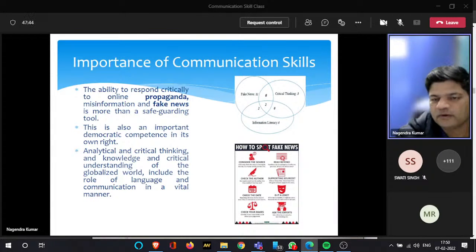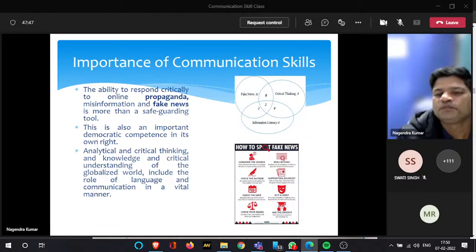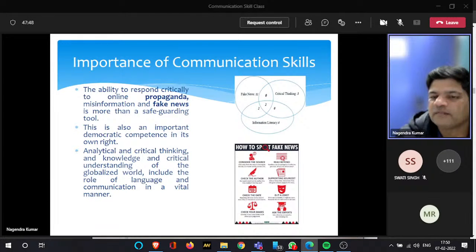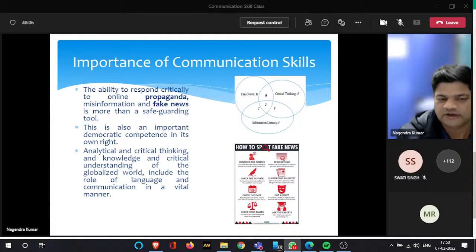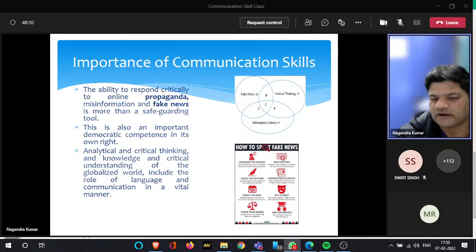So if we need to know about them, we need to develop critical thinking, and also need to develop what is said to be information literacy. And analytical and critical thinking and knowledge and critical understanding of the globalized world include the role of language and communication in a vital manner.